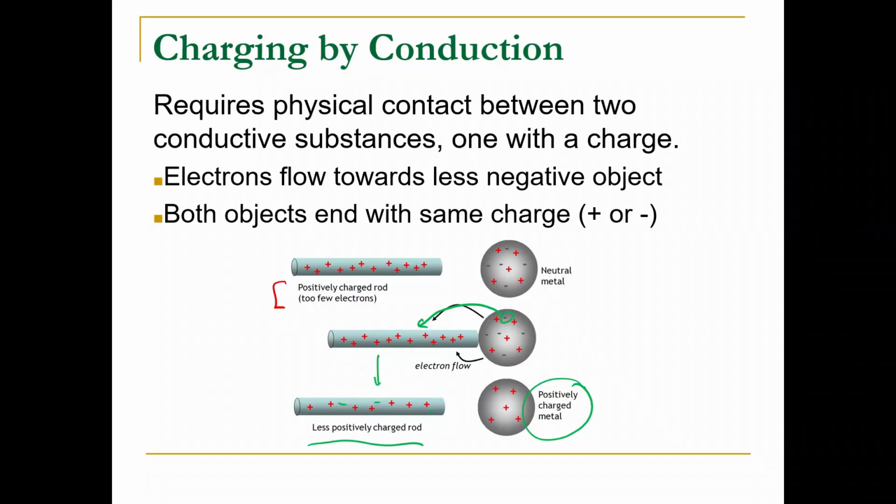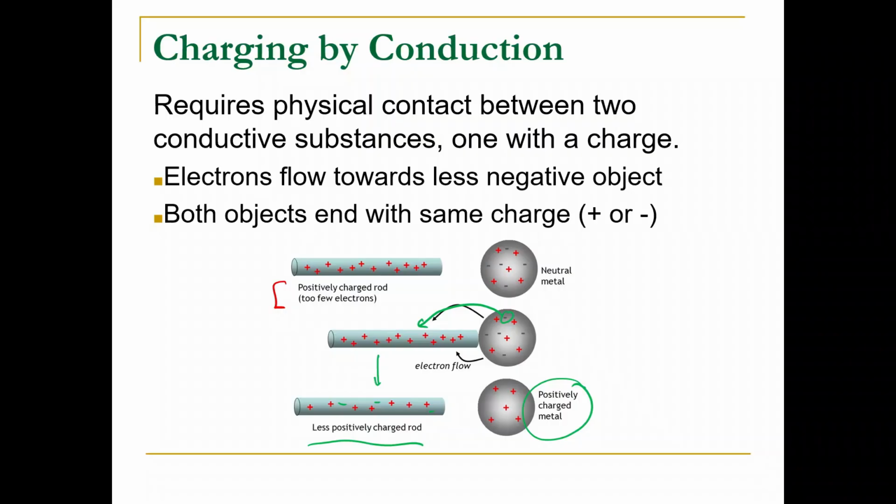Now, because these are two different sized objects, they don't end up with the same amount of charge. Charge had to be conserved, so I didn't add or lose electrons. I've just moved the electrons around. I have the same total charge I did at the start as I do at the end, but both objects are now positive. So that's the one thing that will be true.